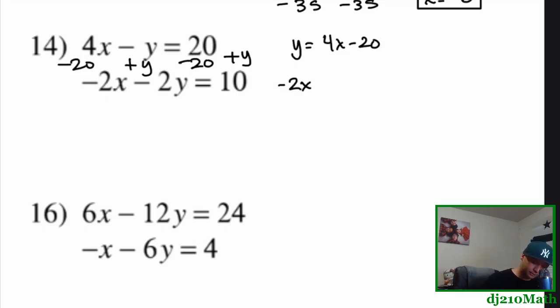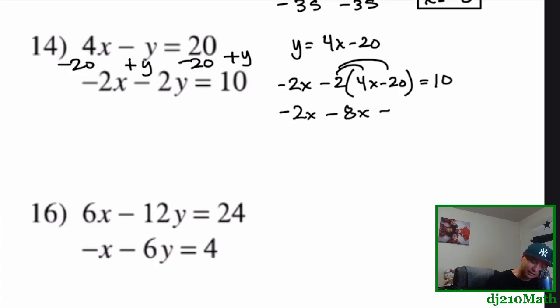So negative 2x minus 2 times 4x minus 20 is equal to 10. Okay, distribute. So negative 2x, negative 8x, positive 40 equals 10. Negative 10x plus 40 equals 10.